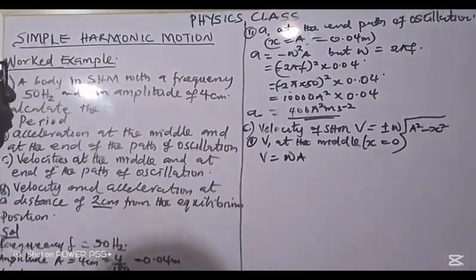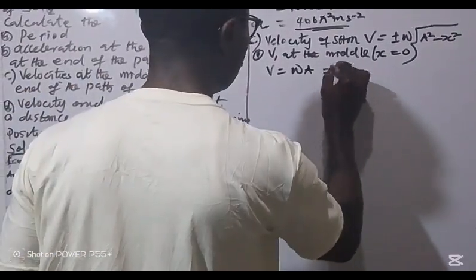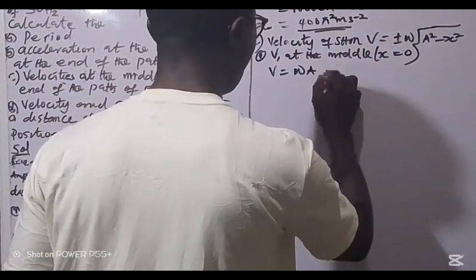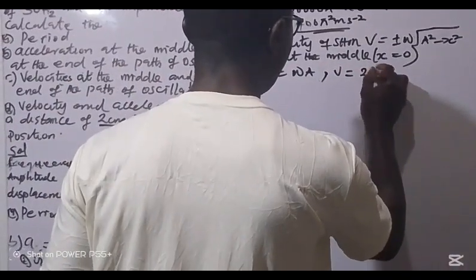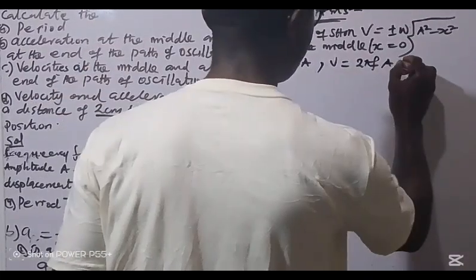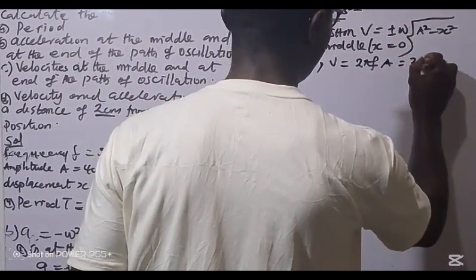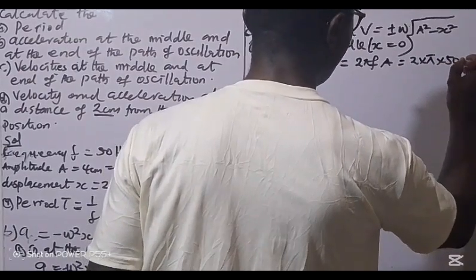Then from there, we can say v will be equal to 2 pi f a. So this will give us 2 multiplied by pi multiplied by 50 multiplied by 0.04.